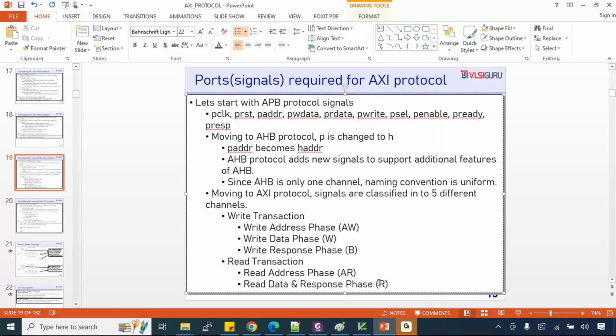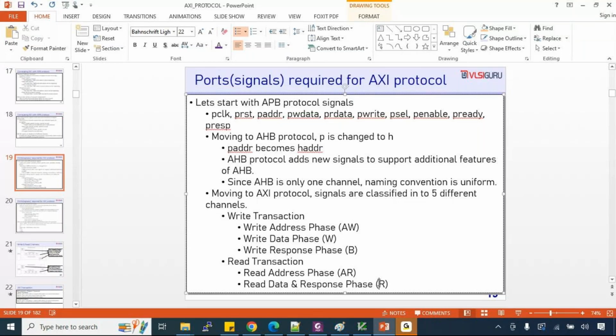All the signals that fall into the write data channel start with W. All the signals in the write response phase start with B. All the signals in the read address phase start with AR. All the signals in the read data and response phase start with R. Whereas in AHB, there is no such thing. Everything starts with H. In APB, everything starts with P. Here, because we are treating them as 5 different channels, we have a different naming convention for each channel.